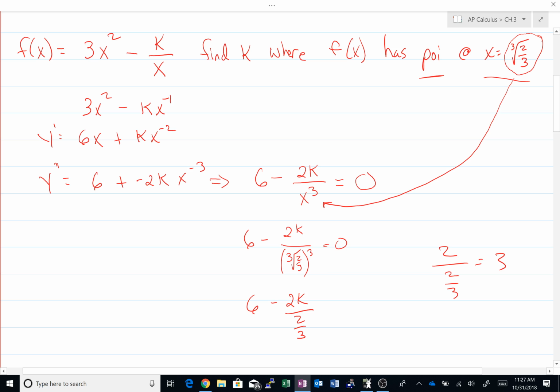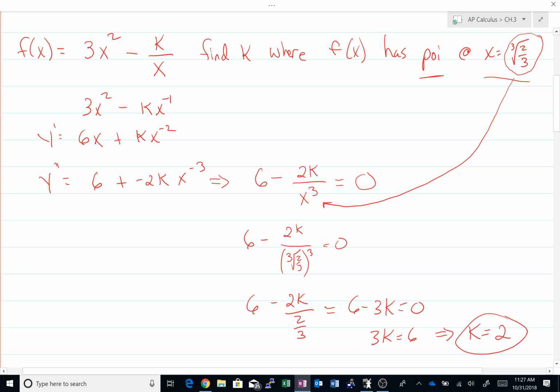If you can't see that, we take the bottom fraction and invert. They cancel and you're left with 3. So this is going to be 6 minus 3k. And then solving for k, k equals 2.